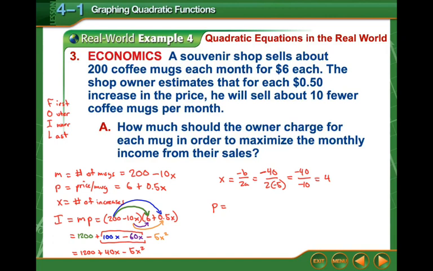So p, again, was 6 plus 0.5 times x, in this case 4. So 6 plus 0.5 times 4 is 2. So he should charge $8 per mug to maximize his profit.